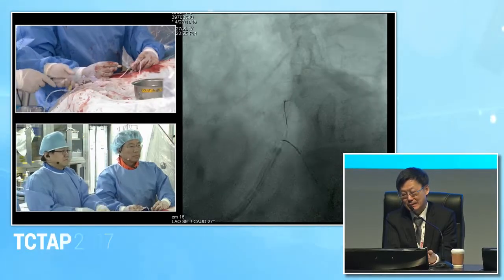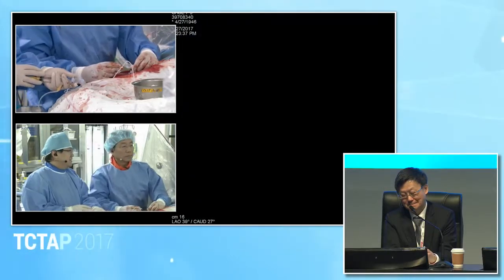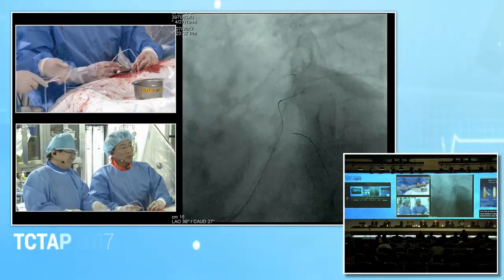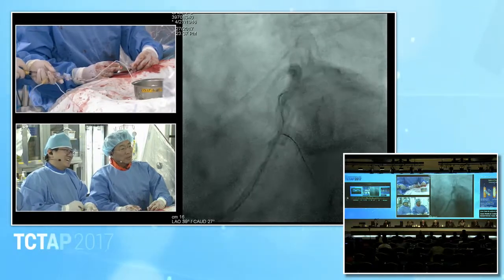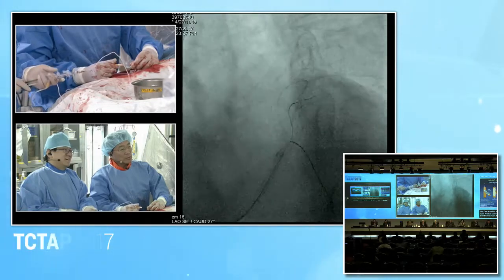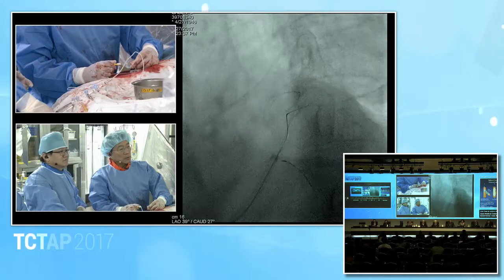Less than 1%. Very rare. So you have good technique. We didn't use too much, right? Just passing through. Sometimes it's very difficult to pass the balloon.